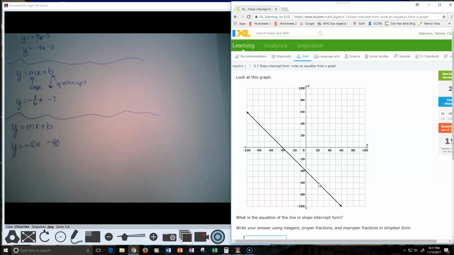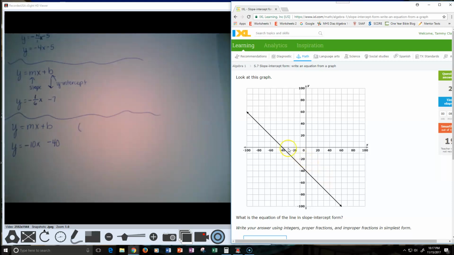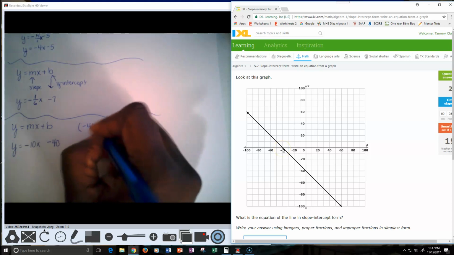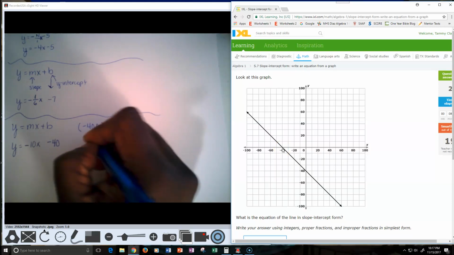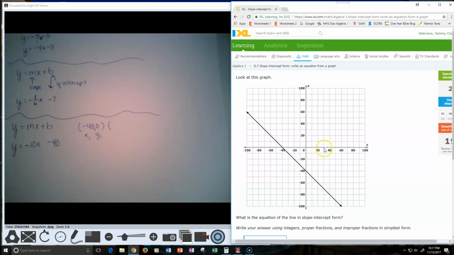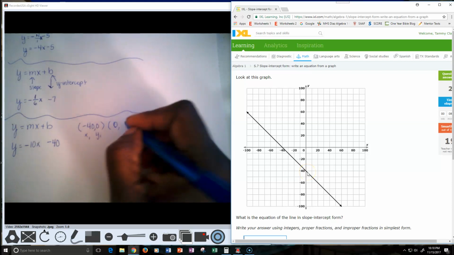Now what I want to do is, when these numbers get higher like this, I like to pick 2 points and find the slope that way, just to verify that my number is correct. So I'm going to use the point negative 40, 0 as my x1, y1. And then I'm going to use the y-intercept at 0, negative 40.